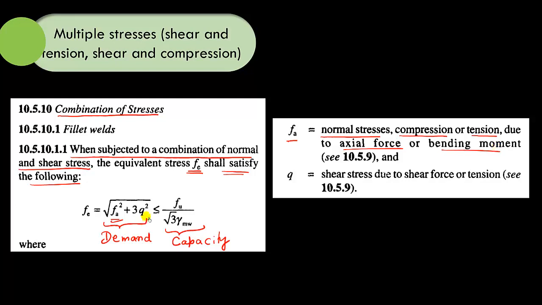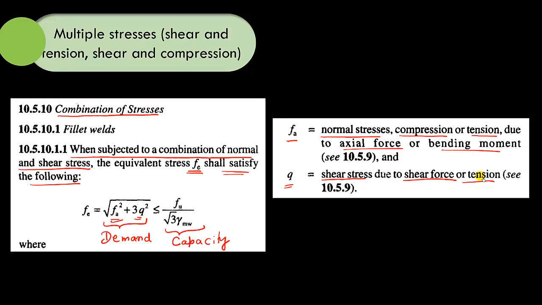This formula also contains q, the shear stress, which is generated due to shear force or due to tension. In this way we can calculate the equivalent stress when shear and tension are present, or shear as well as compression is present.